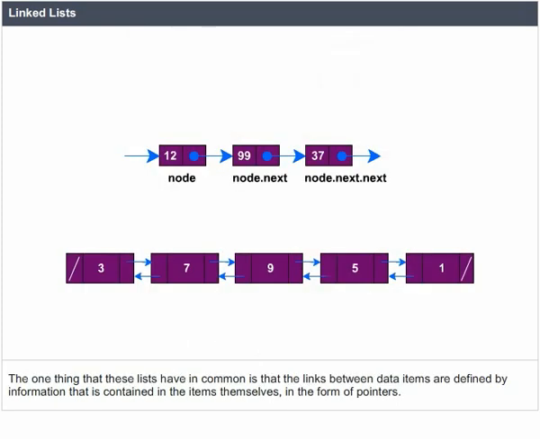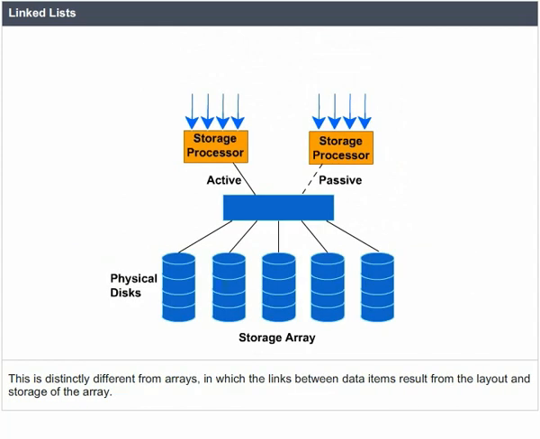The one thing that these lists have in common is that the links between data items are defined by information that is contained in the items themselves in the form of pointers. This is distinctly different from arrays, in which the links between data items result from the layout and storage of the array.